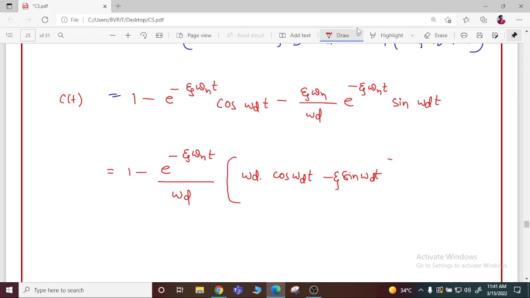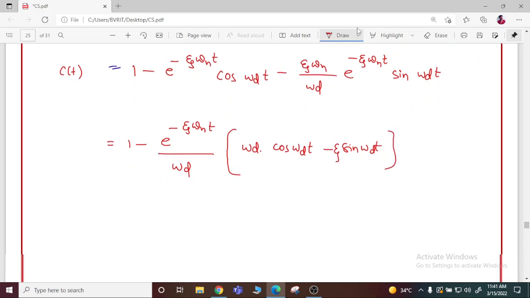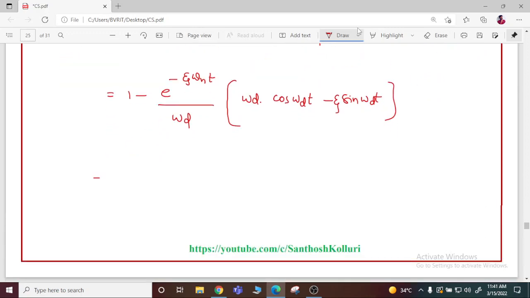So there is a zeta here. So 1 minus e power of minus zeta omega n t divided by omega d, I can simplify like this.